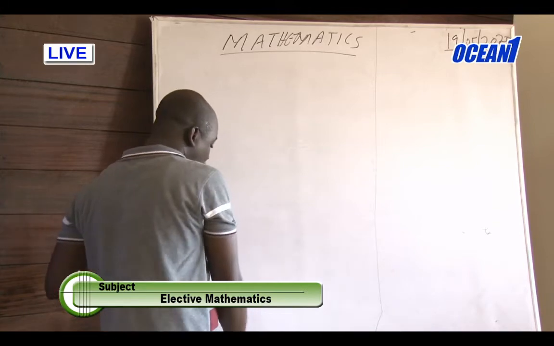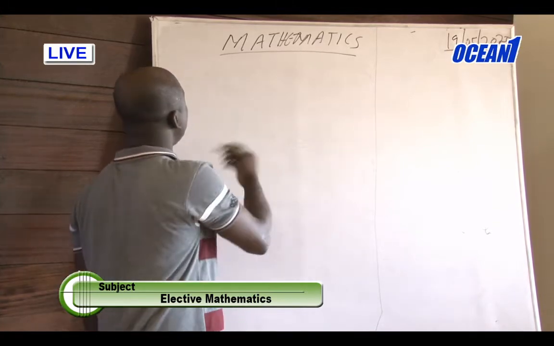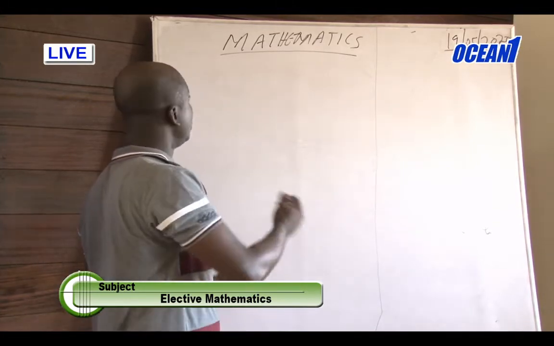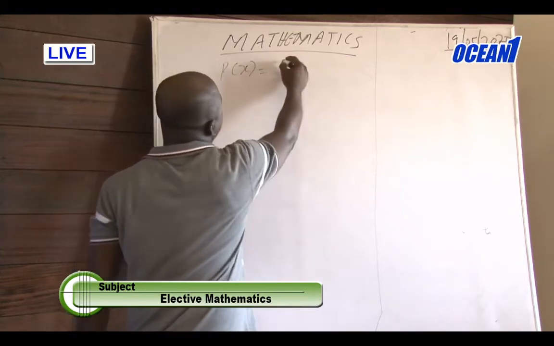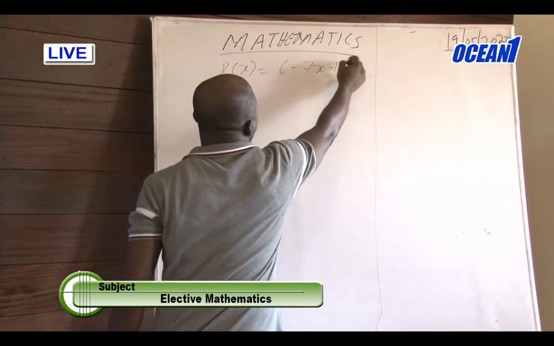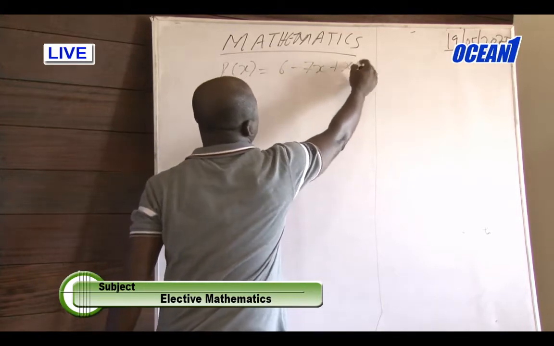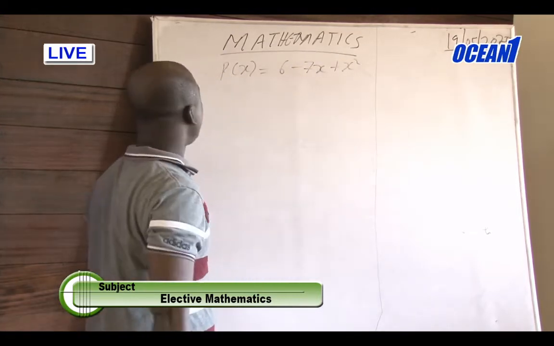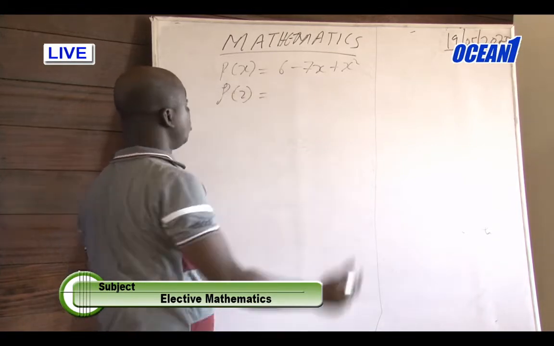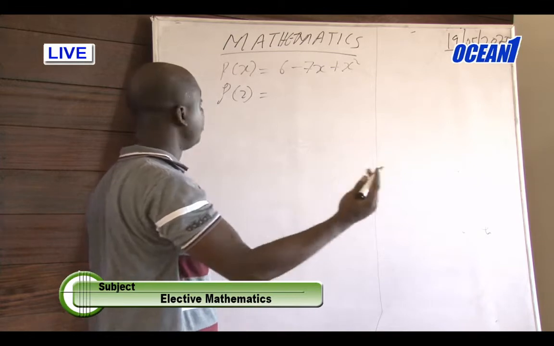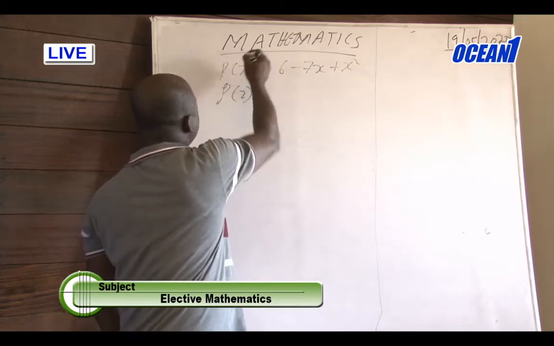Now, polynomials in general can be evaluated just by putting in your values, as we learned earlier on. Assuming we have a polynomial p of x defined as 6 minus 7x plus x squared, let's evaluate p of 2. The same way as we evaluate functions, we simply put 2 wherever we see x.